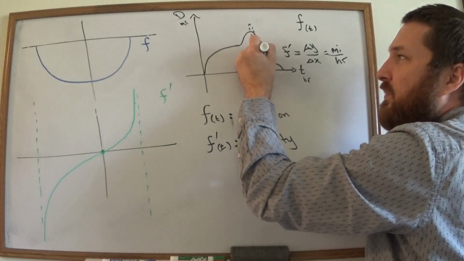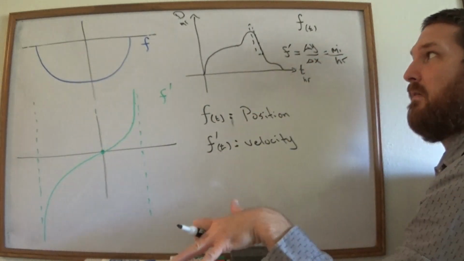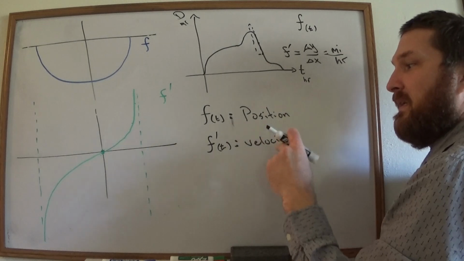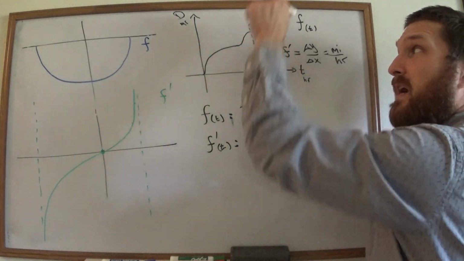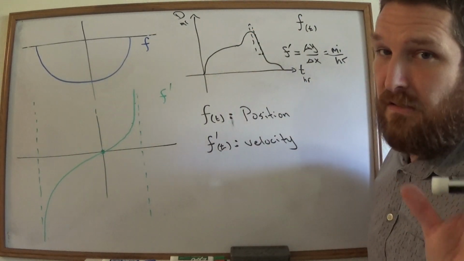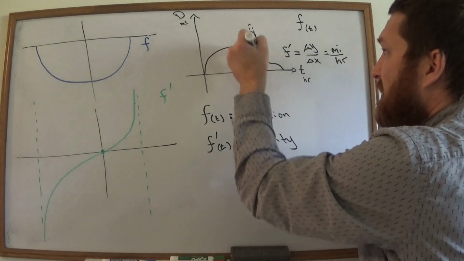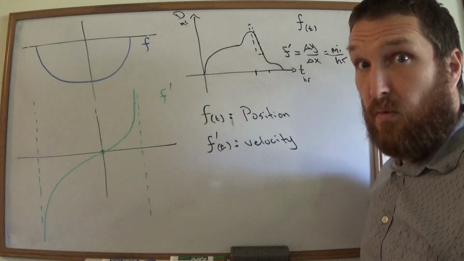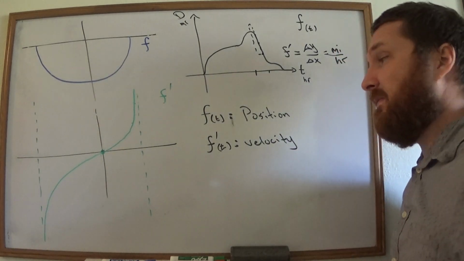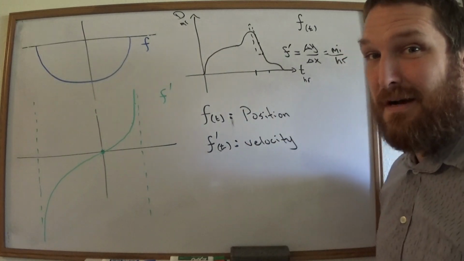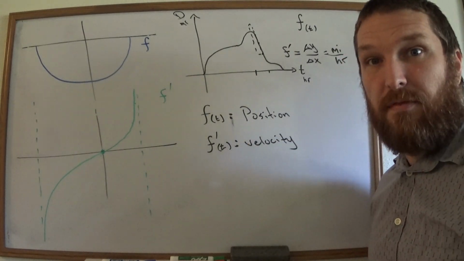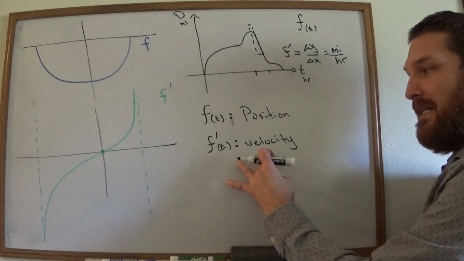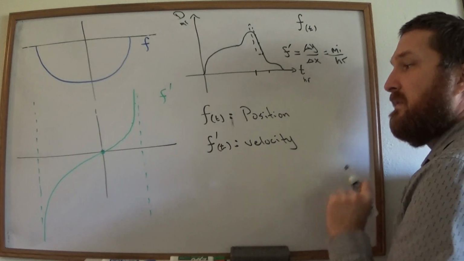Your rise over your run would be negative. And so velocity can be positive and negative, and velocity tells you which direction you're going. Speed doesn't tell you anything about direction. If during this leg of my journey I told you I'm going 60 miles per hour, you could say, were you going north or south? Velocity, if I tell you I was going negative 60 miles per hour, you'd say, oh, so you were going south. So that's the difference between velocity and speed. And indeed, a first derivative does give you velocity.